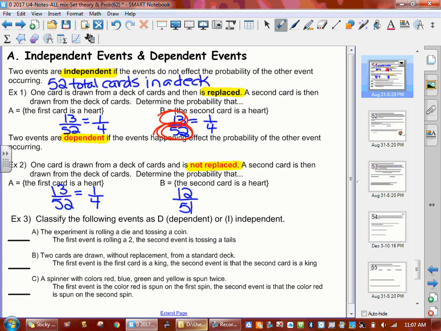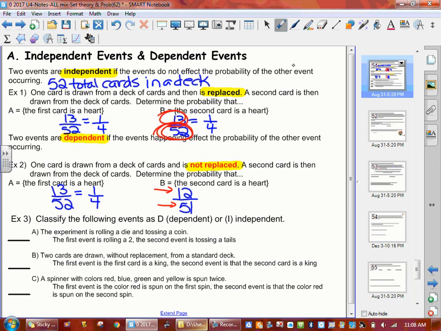So that's what I mean by the totals are different. We have fewer cards to choose from, so it affects the probability. 12 in 51 is a very, very different probability than 1 in 4. So when totals reduce, that's when we notice that it's going to be a dependent event. Now, do both totals have to reduce?